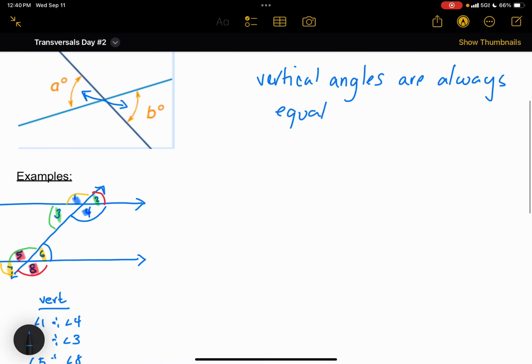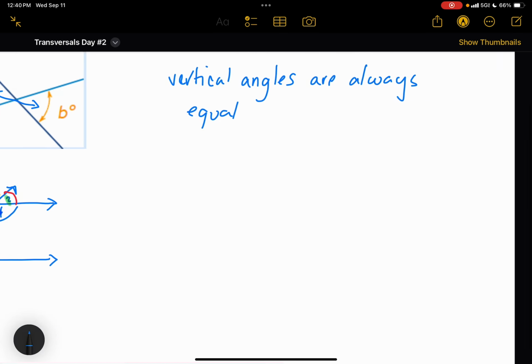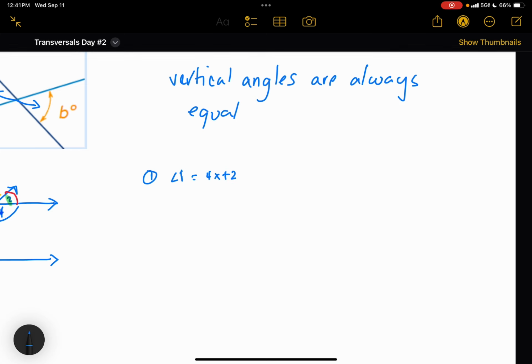Let's say that this will be our first example. If angle 1 is 4x plus 2, and angle 7 is 2x, lost my whole train of thought, plus minus 8, my bad.